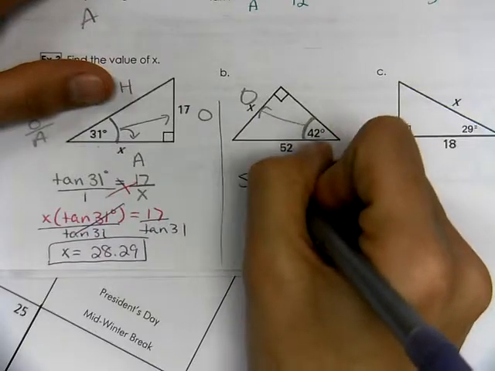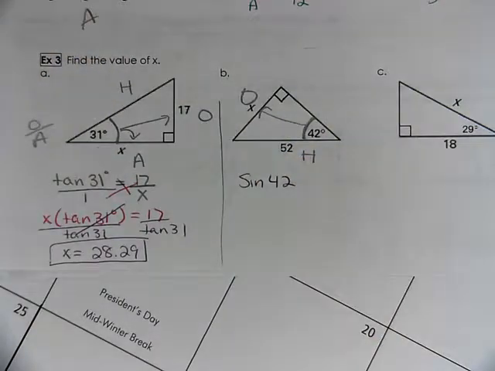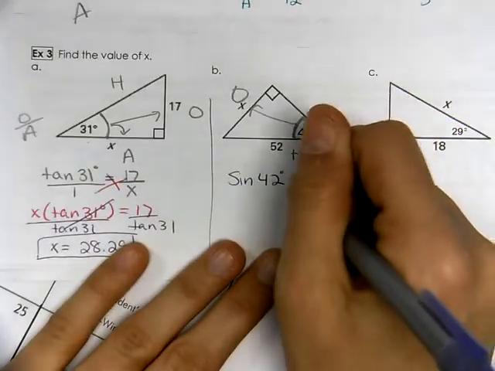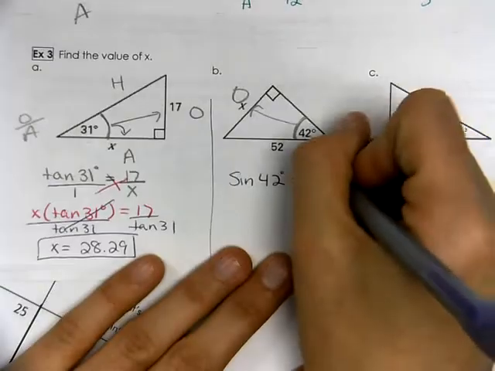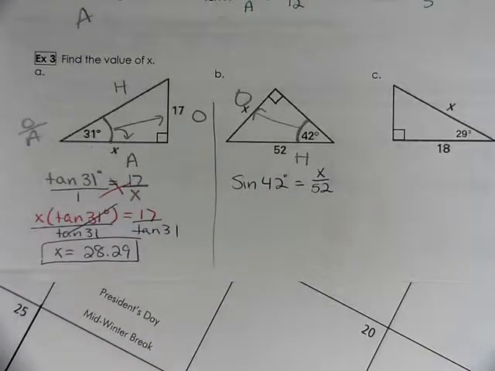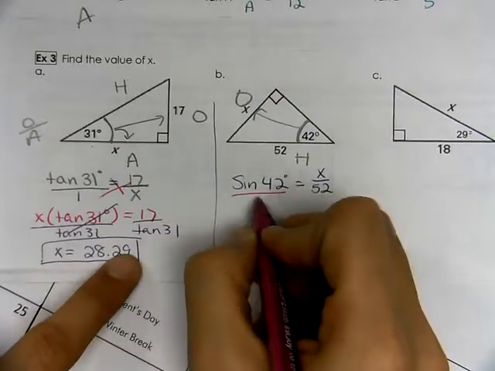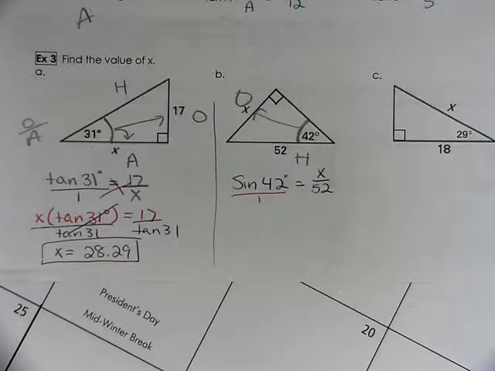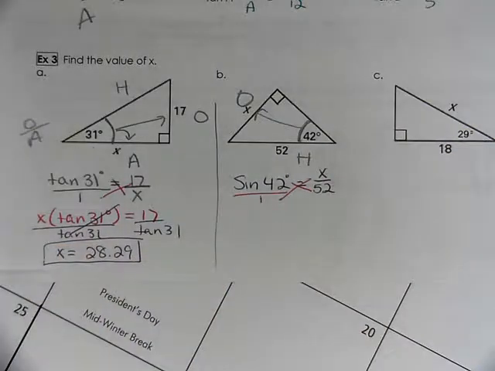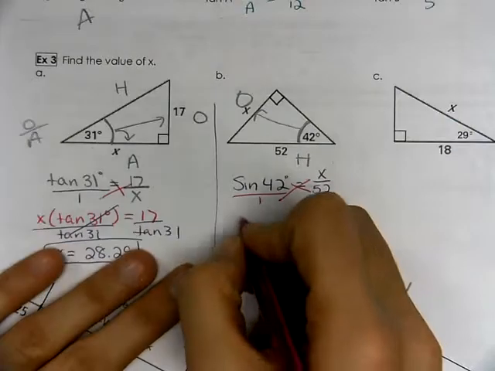Okay. So the sine of 42. So always put your degree with whatever trig ratio you're using. Sine is opposite over hypotenuse. So it'll be x over 52. This one's actually the easier one to do. Because watch what happens when I make my proportion. If I put the sine of 42 over 1, look what happens when I cross multiply.